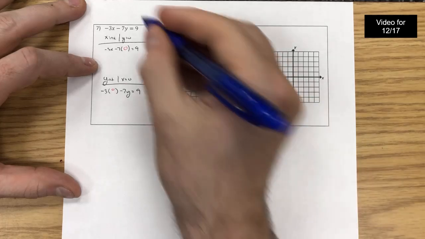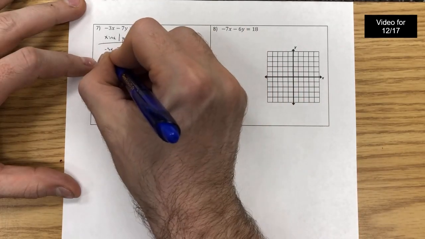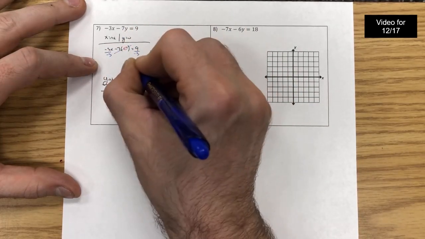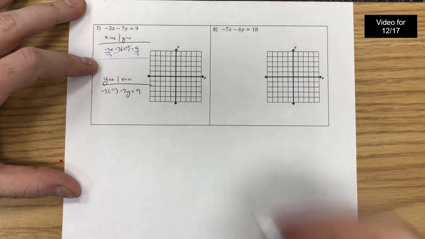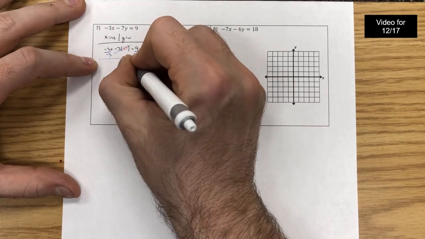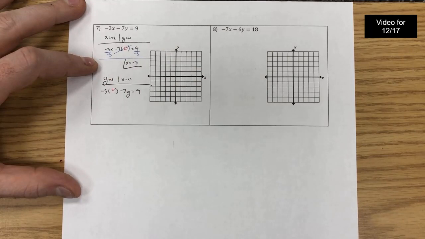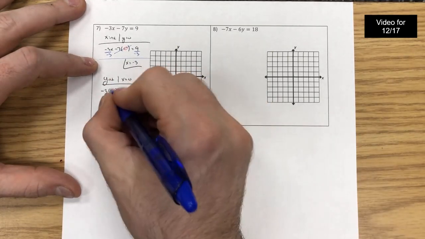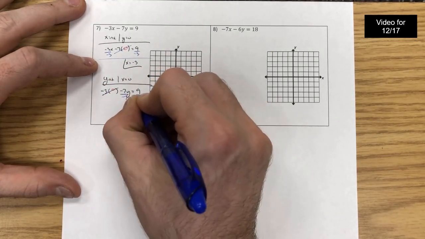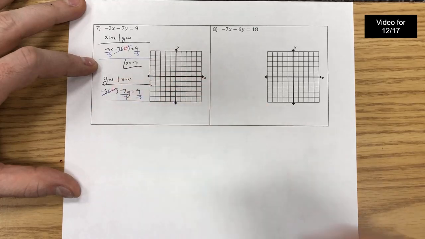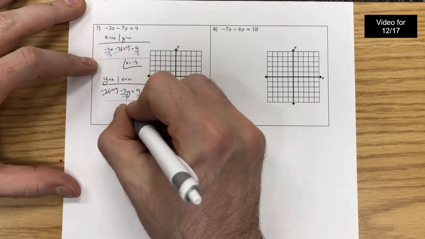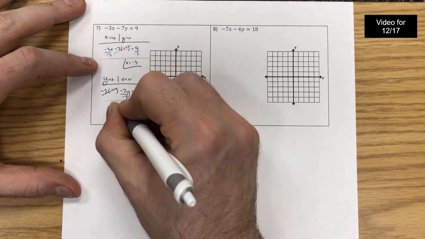Perfect. These are going to cancel out, and I'm going to divide by -3, which is going to leave me with x equals -3. Down here, I'm going to divide by -7, which is going to leave me with y is -9/7.